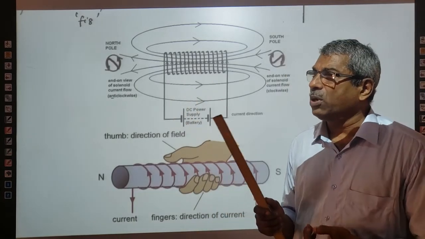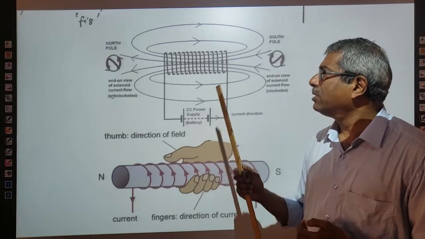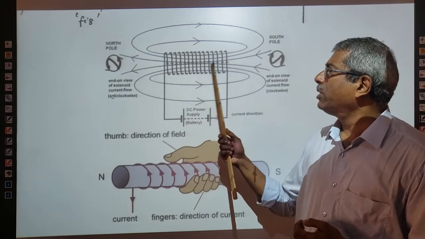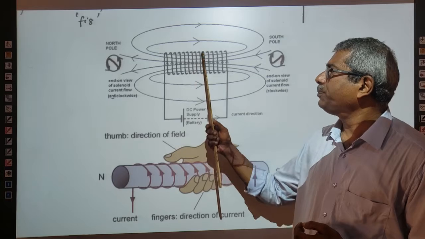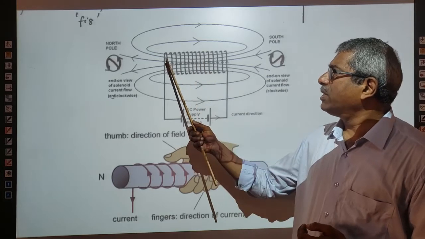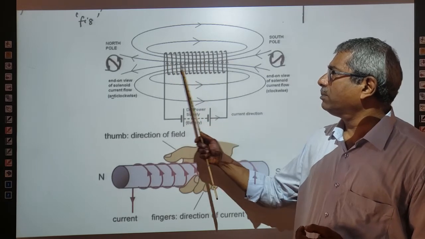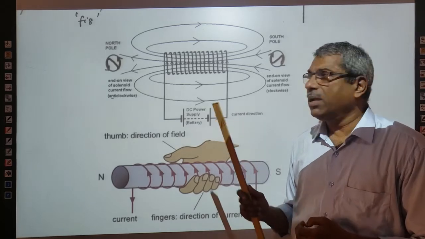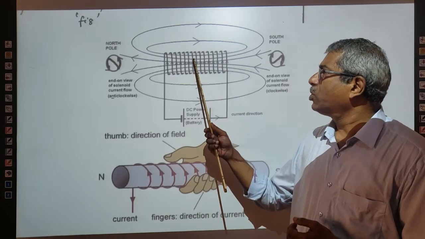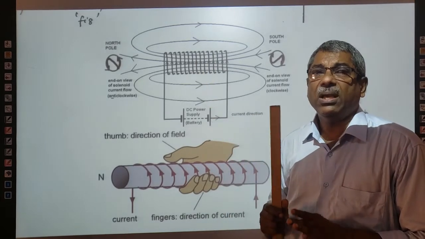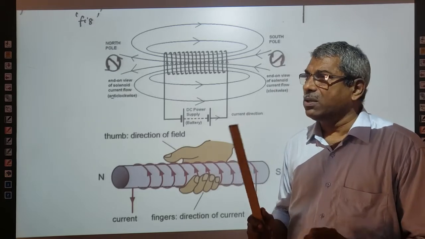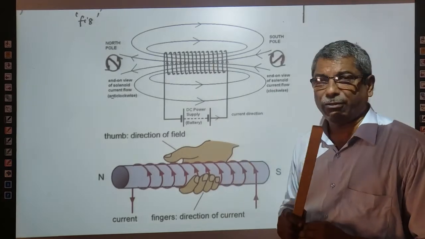Why is it negligibly small? That is also very easy to understand. Because inside the solenoid the lines of force are crowded, and also you will see that they are more or less parallel. Hence we can say that the intensity of magnetic field inside the solenoid is uniform and also strong enough.